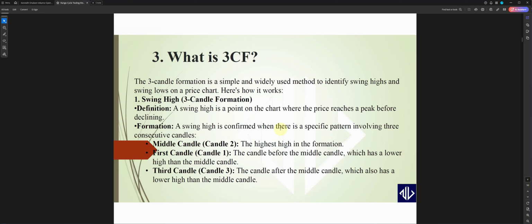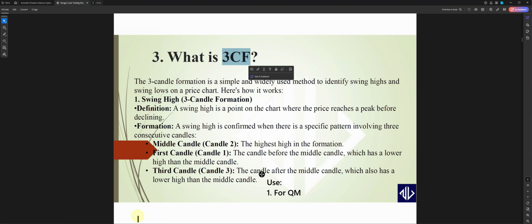So the next question is, what is the use of three candle formation? We use this three candle formation for two reasons. Number one, we will use it for QM. And what is the QM?